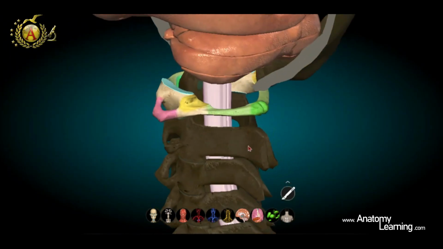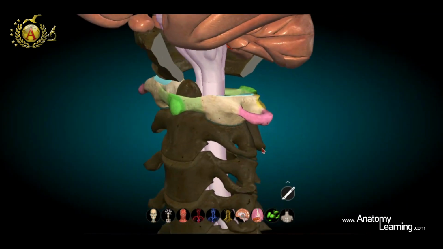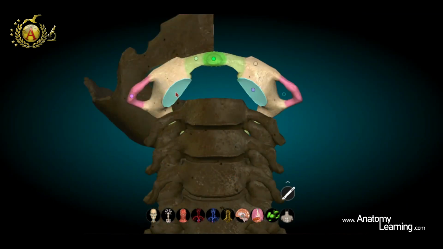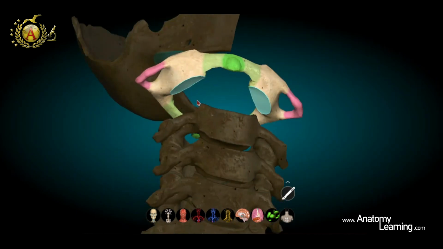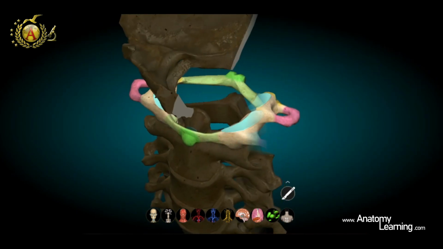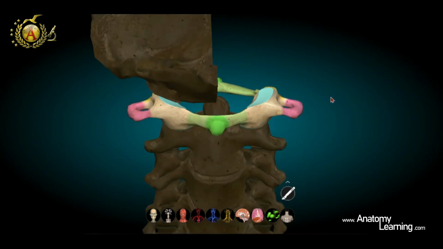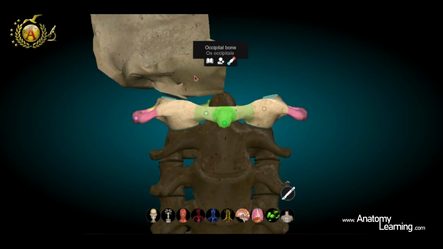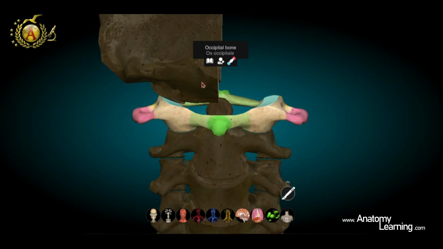Its articular processes are very particular. At the bottom they are quite similar to those of other cervical vertebrae, and at the top they are concave cavities for the articulation with the condyles of the occipital bone.